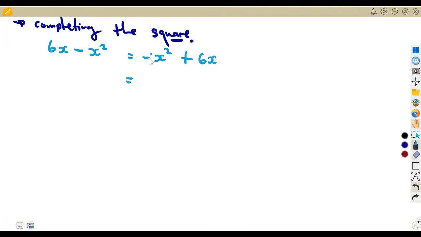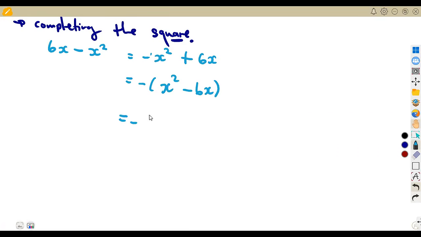So how can we make the coefficient of x squared positive without changing our expression? We factor out a negative. You don't divide. You only divide if this is an equation, but for an expression, you factor out the negative. So it will be negative times negative, which is positive x squared, and negative times positive, which is negative 6x. So this is what you obtain.